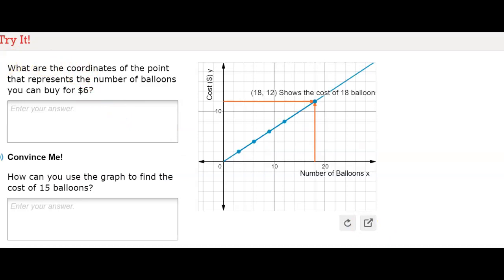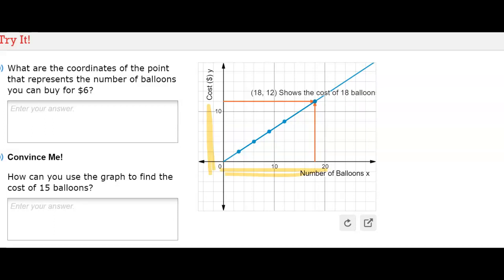What are the coordinates of the point that represents the number of balloons you can buy for $6? You have your coordinate plane already drawn out, just like it is from the example. This one, however, doesn't have the numbers on the bottom, and they don't have numbers written for each one, but they are in the example in your book.